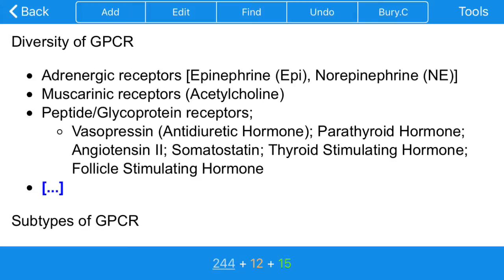Vasopressin. Okay, yeah, adrenergic. So GPCR types. So you have adrenergic. And these are all cell surface receptors, right? Intracellular ones are the steroid hormone, the thyroid hormone, and the glycoprotein, vitamin D3. Not to mention VDR or whatever that is.